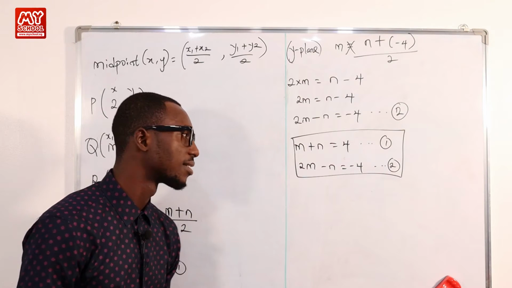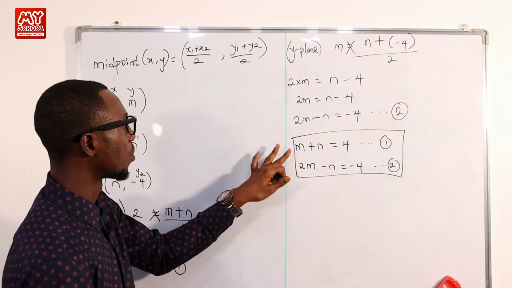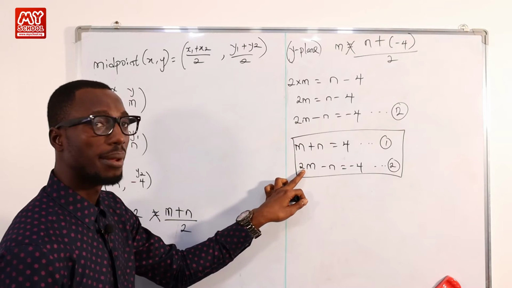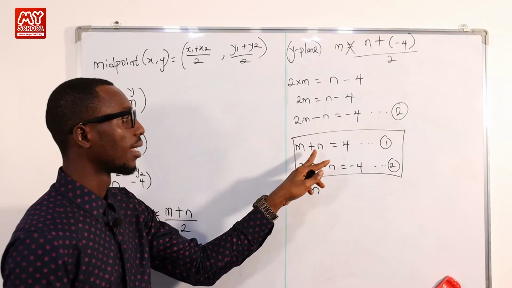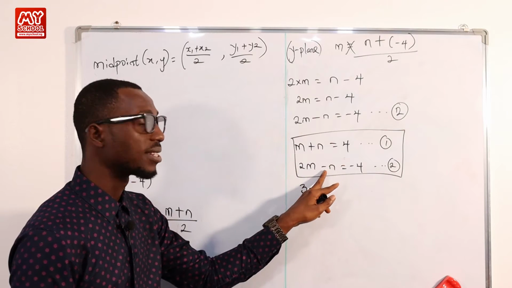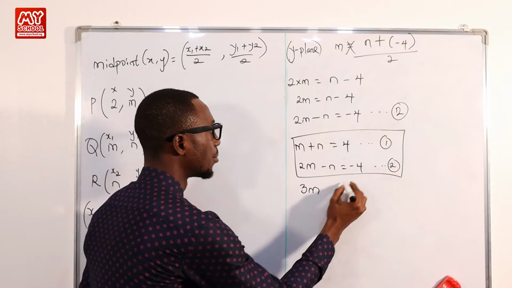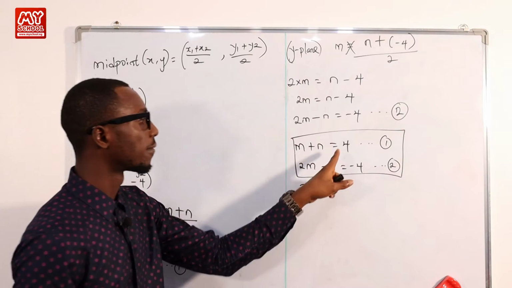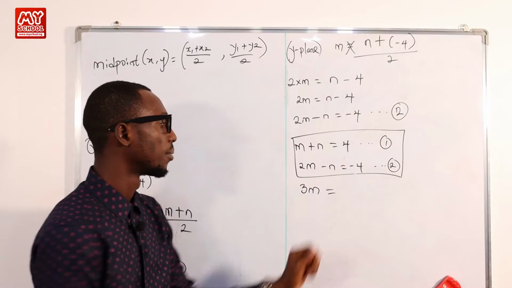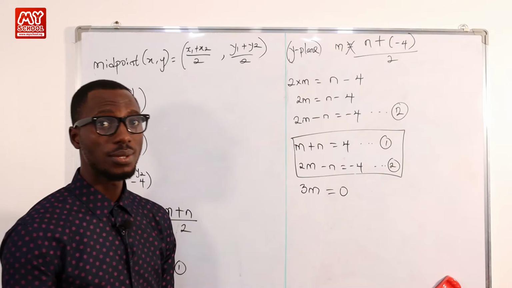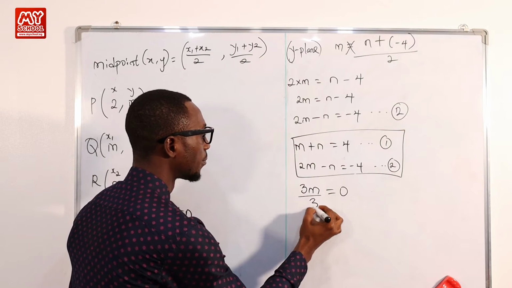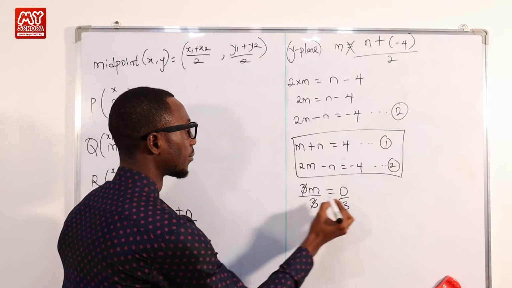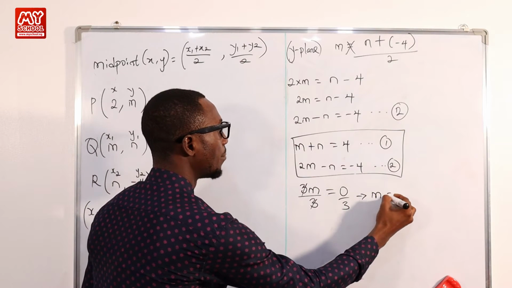So let's eliminate n at first. So we have m plus 2m, we have 3m. n minus n, we have 0, equals 4 minus 4, we have 0. So once we divide both sides by the coefficient of m, which is 3, m equals 0.